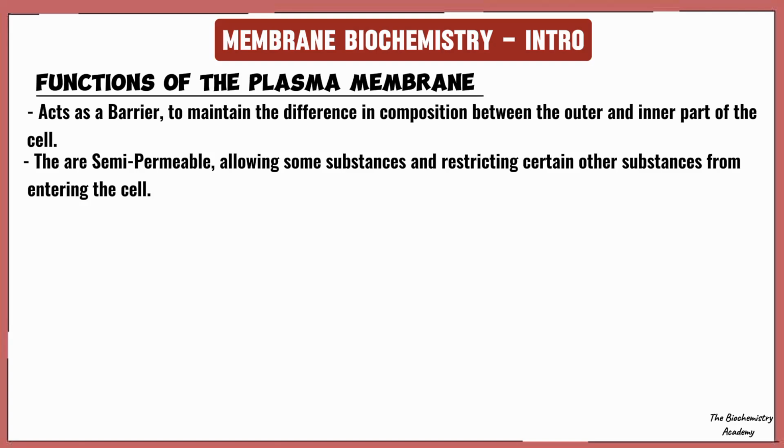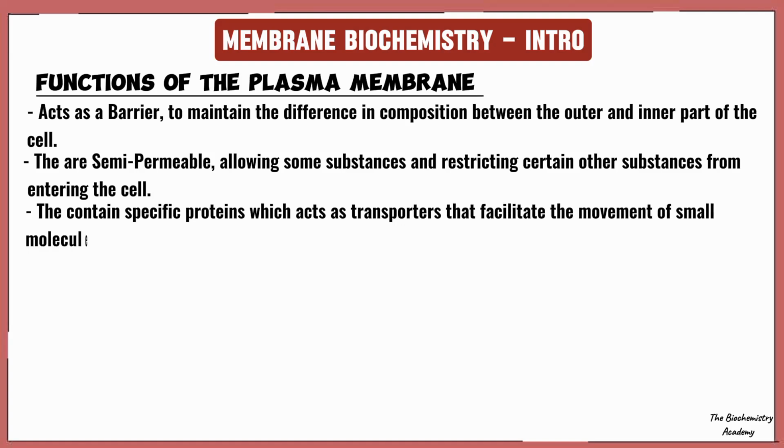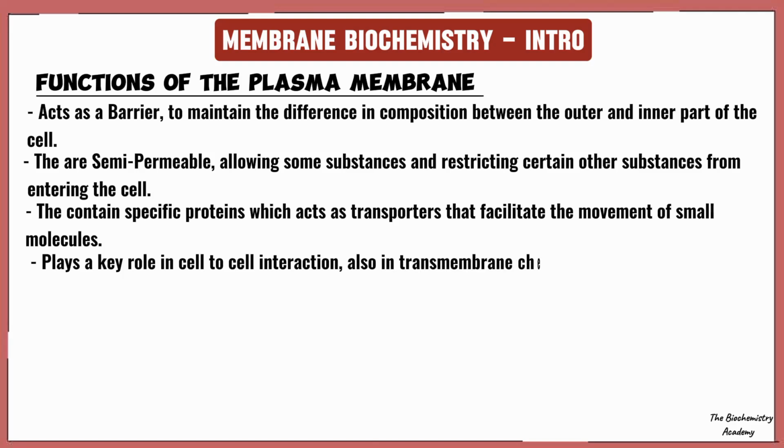Now, another function of the cell membrane is that it contains specific proteins which act as transporters to facilitate the movement of small molecules. The cell membrane also plays a key role in cell-to-cell interaction and in transmembrane chemical or electrical signaling.